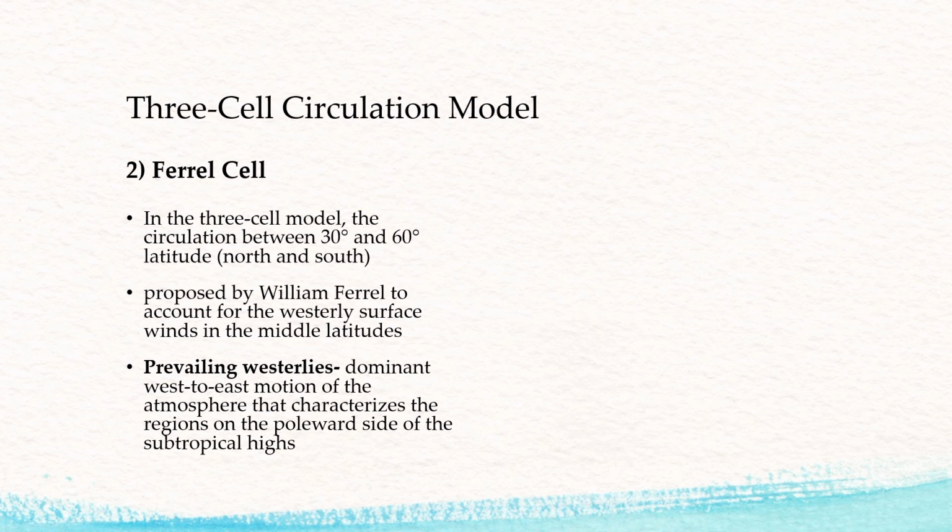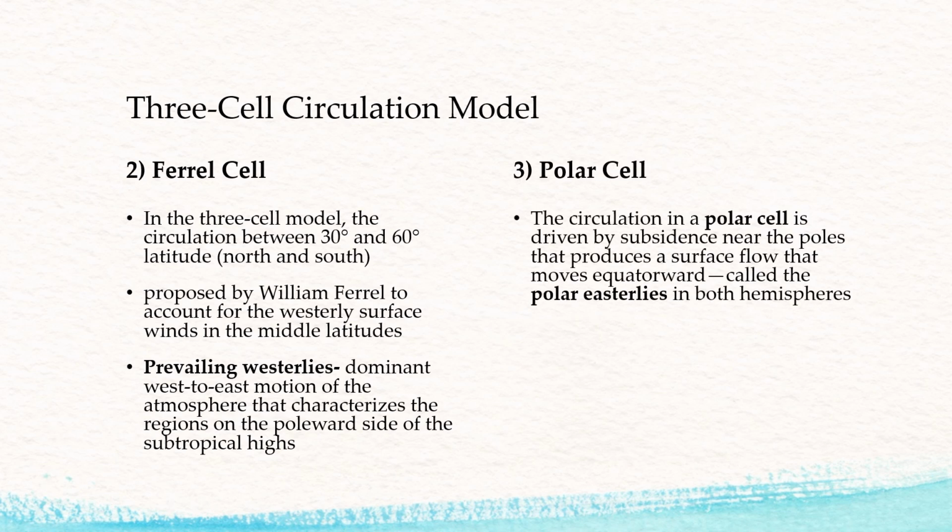And the third cell is what we call the polar cell. The circulation of the polar cell is driven by subsidence near the poles that produces a surface flow that moves equatorward. This surface flow is what we call the polar easterlies in both hemispheres.